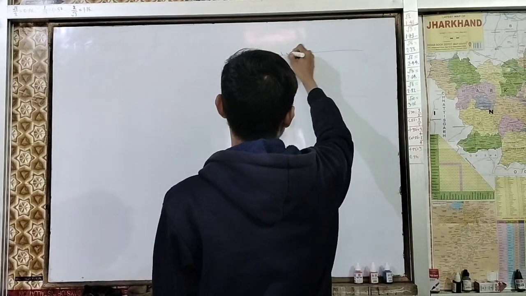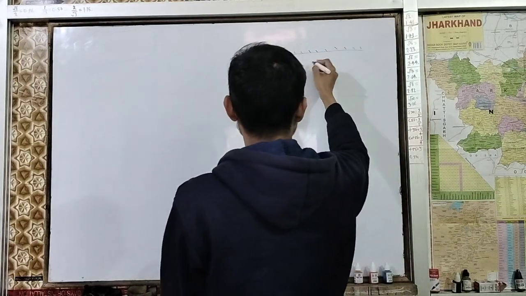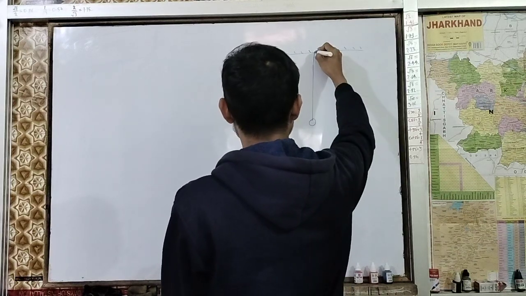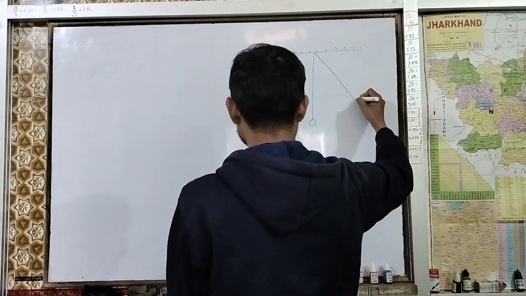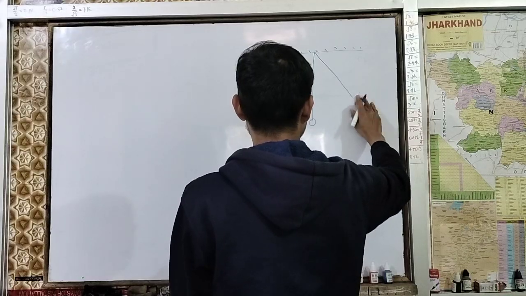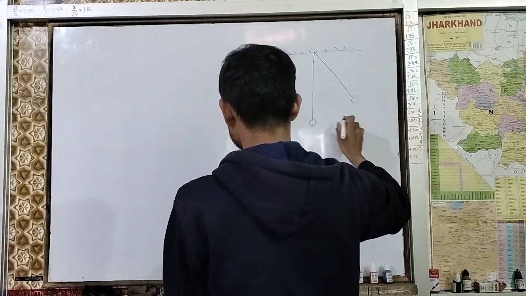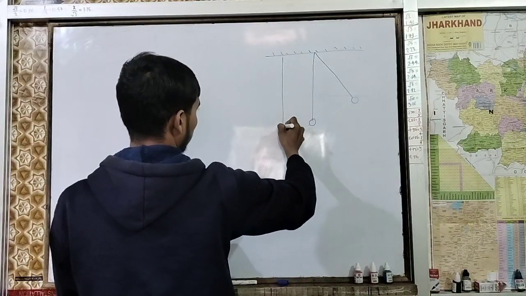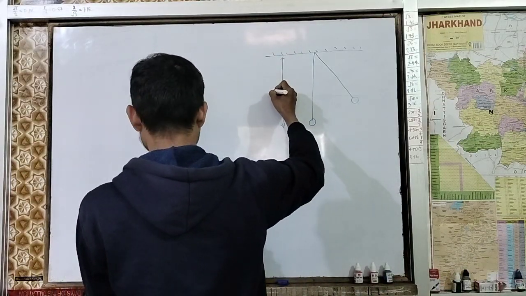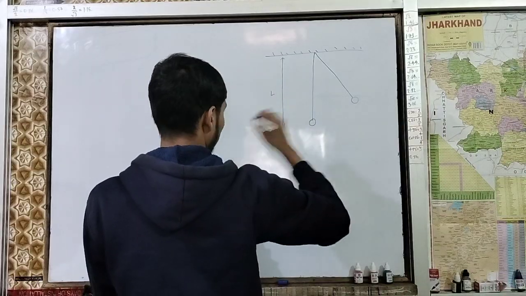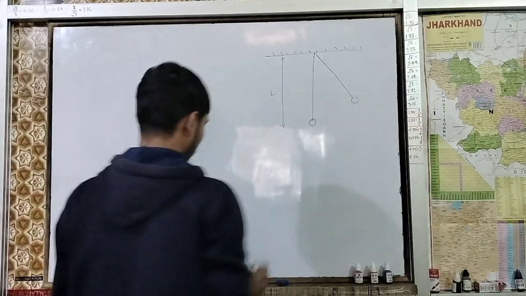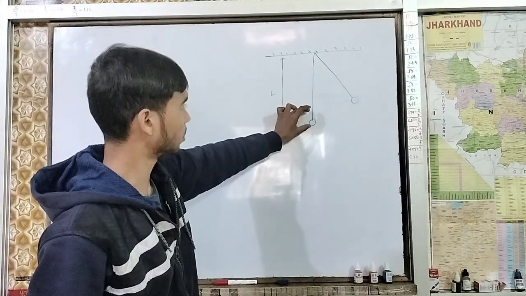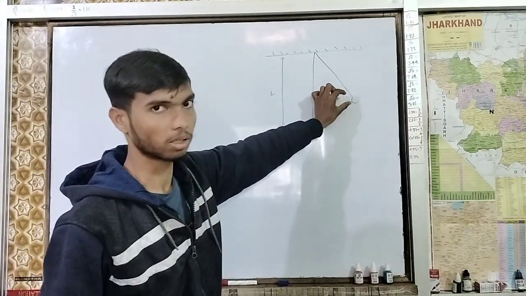This is the complete length of the pendulum, L. Initially the pendulum was over here. When force was applied on this pendulum, it went over here.